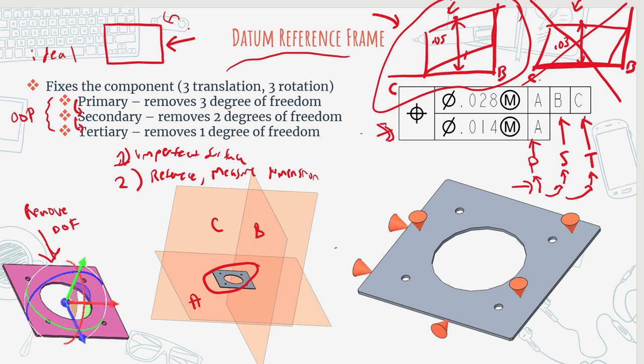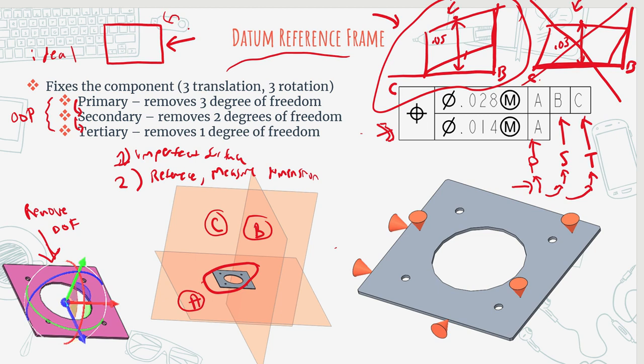So the final thing I want to talk about here is defining this datum reference frame. So we've said that having 3 of these datum planes, datum plane A, datum plane C, and datum plane B, effectively defines your datum reference frame. The idea with defining a datum reference frame is that you want to remove your 3 degrees of translational freedom and 3 degrees of rotational freedom.